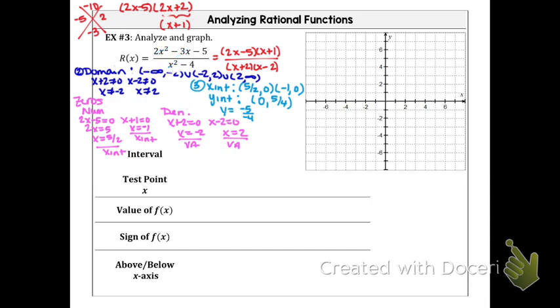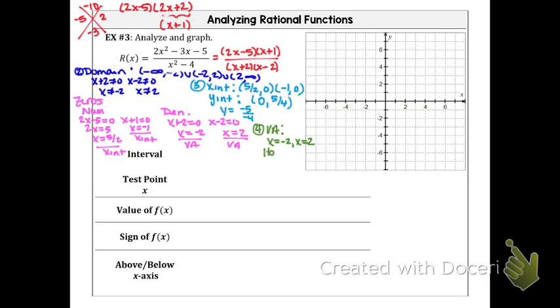All right, step 4 is for vertical asymptotes and holes. So step 4, the vertical asymptotes we already saw were at x equals negative 2 and x equals 2.